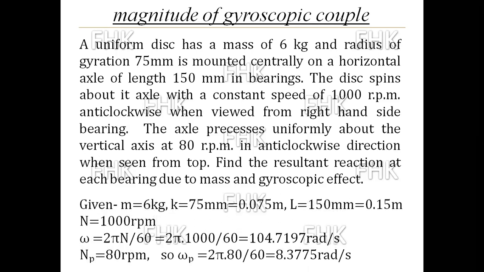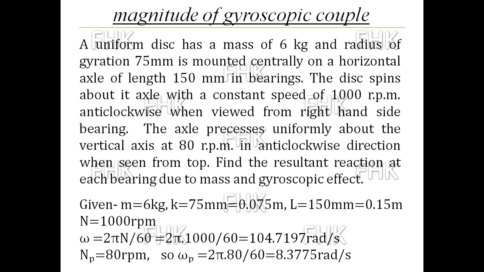So the data given is in front of you. Mass of the rotor or rotating disc is given as 6 kg. The radius of gyration, which is denoted by k, is given as 75 mm, and I will convert that into meters by dividing by 1000, so it will be 0.075 meter.